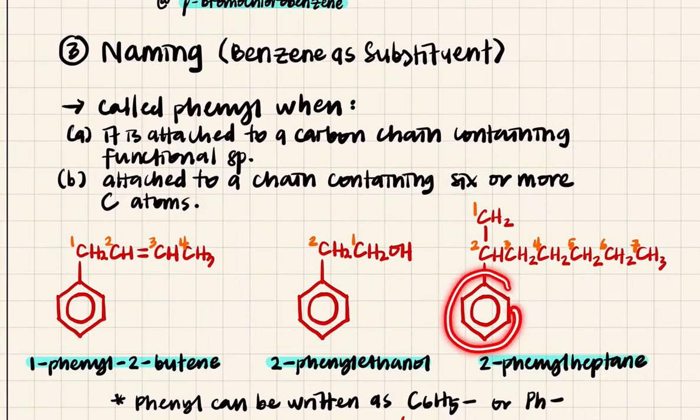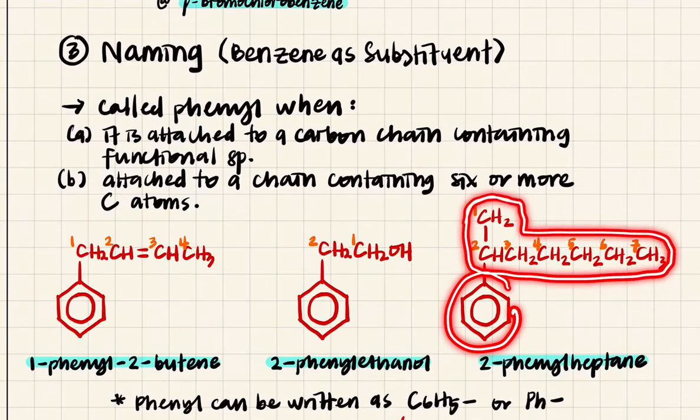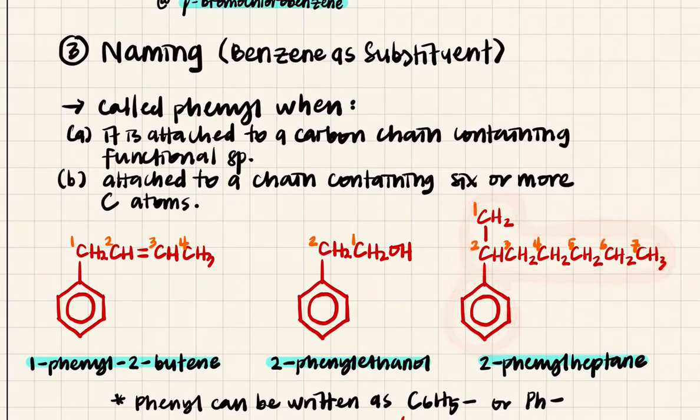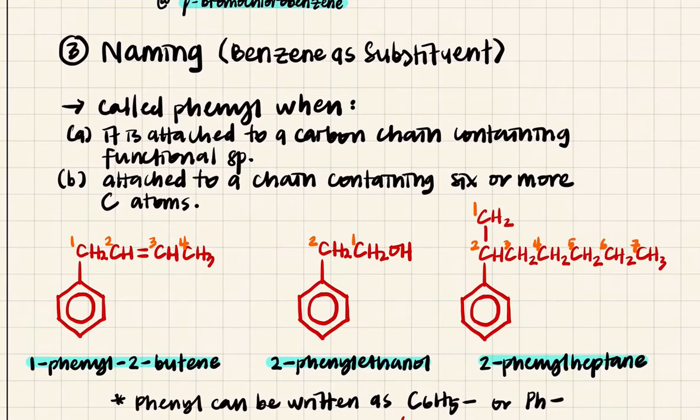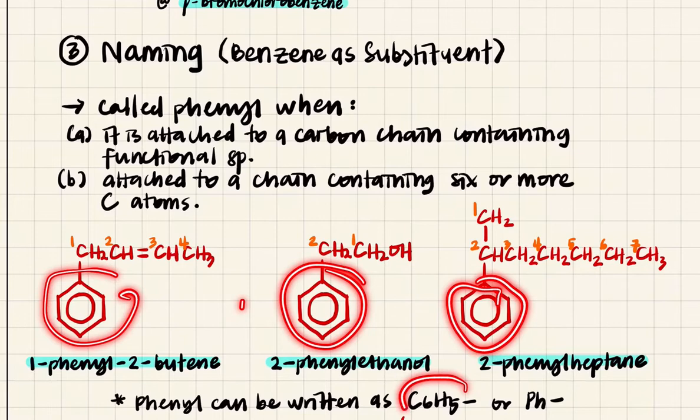So awak punya benzene ring ada 6 carbon, but here you have an alkyl group kan. Okay, dia tak ada functional group pun, tapi awak punya carbon lebih daripada 6. You have 7 carbons. Okay, so maksudnya dia more number of carbons, so automatically dia jadi awak punya parent chain. So awak punya benzene ni jadi phenyl lah, dia jadi substituent. Okay, 2-phenylheptane. You can write phenyl, okay, your phenyl here as C6H5 or Ph.